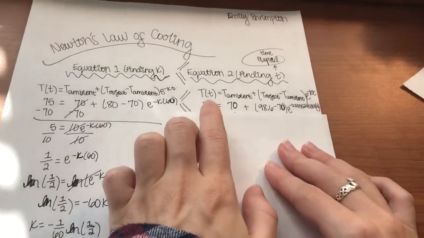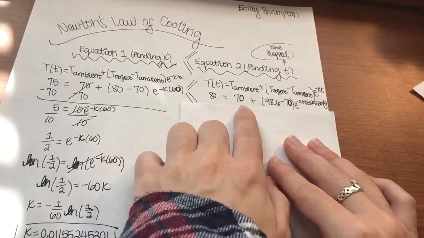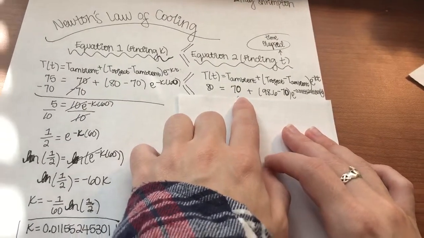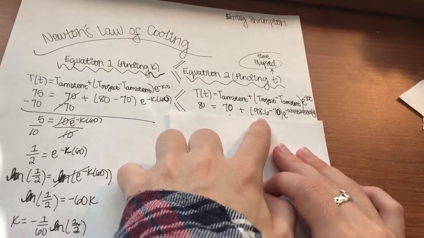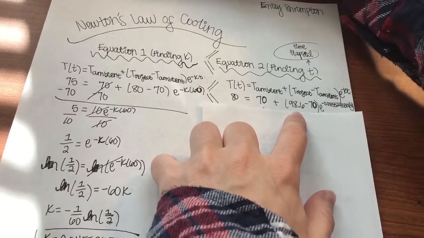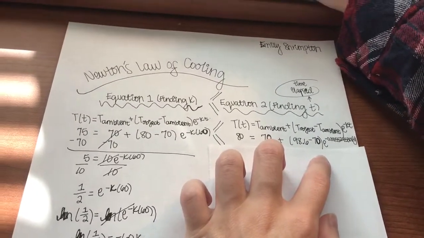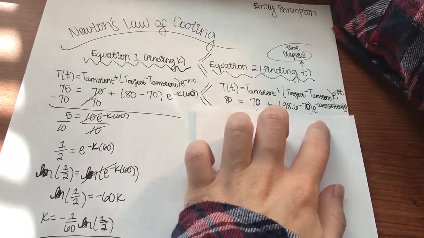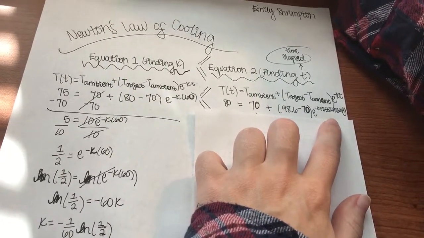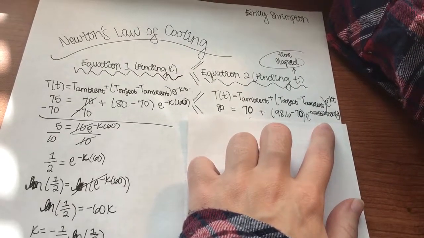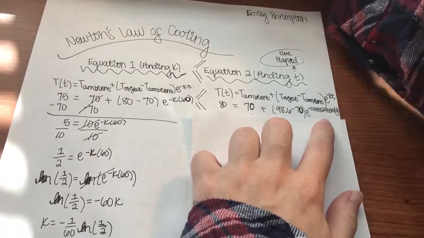I wrote the equation out again, and in order to find it, we set 80 degrees Fahrenheit, the temperature of the object upon discovery, equal to 70 degrees Fahrenheit, the constant room temperature, and therefore our ambient temperature, plus the solution to 98.6 degrees Fahrenheit, which is the average normal body temperature of a living person, and therefore our temperature at time of death, minus 70 degrees Fahrenheit, which once again is the constant room temperature, therefore being our ambient temperature, and along with e raised to the degree of what we just found to be K, which is negative 0.01155245301, which is our decay coefficient, multiplied with T, which is what we're trying to find.